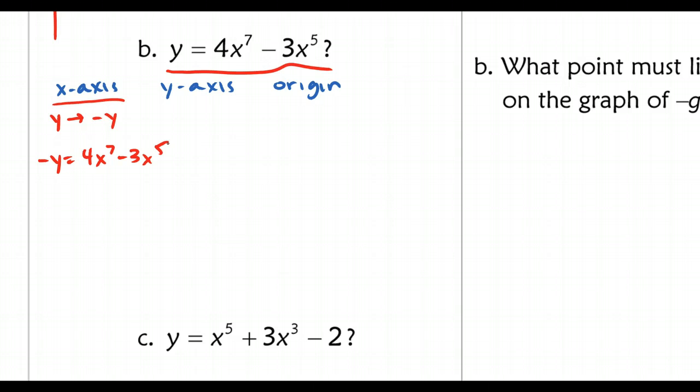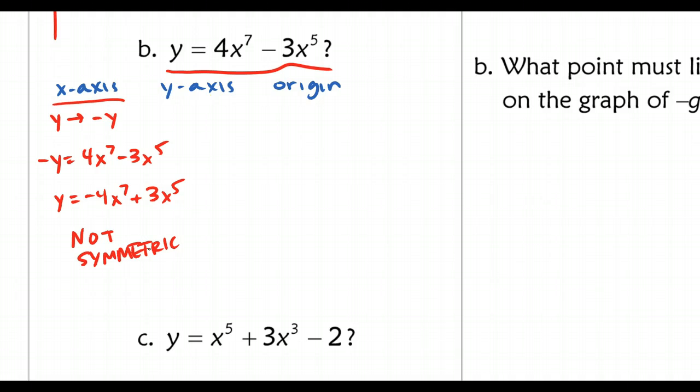I'm going to solve now for y. So that means I would divide by the negative 1 here, and it would change my function to y equals negative 4x to the 7th plus 3x to the 5th. So because these are not equivalent, this is not symmetric about the x-axis.